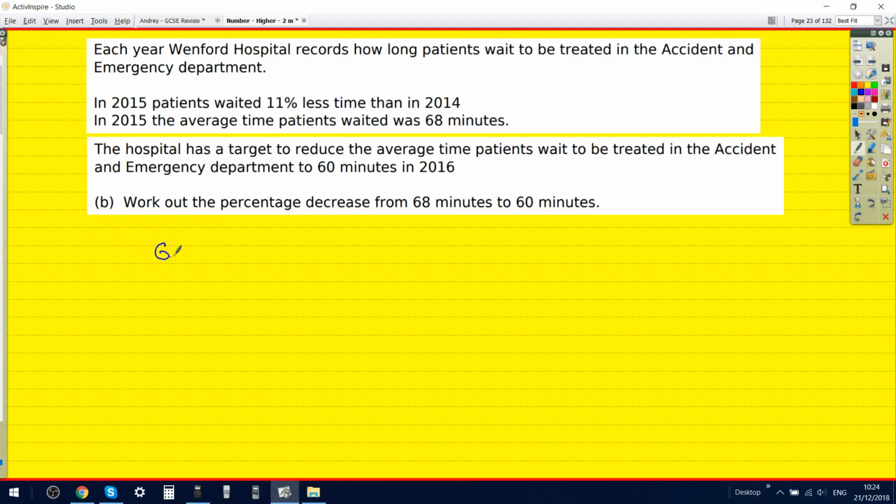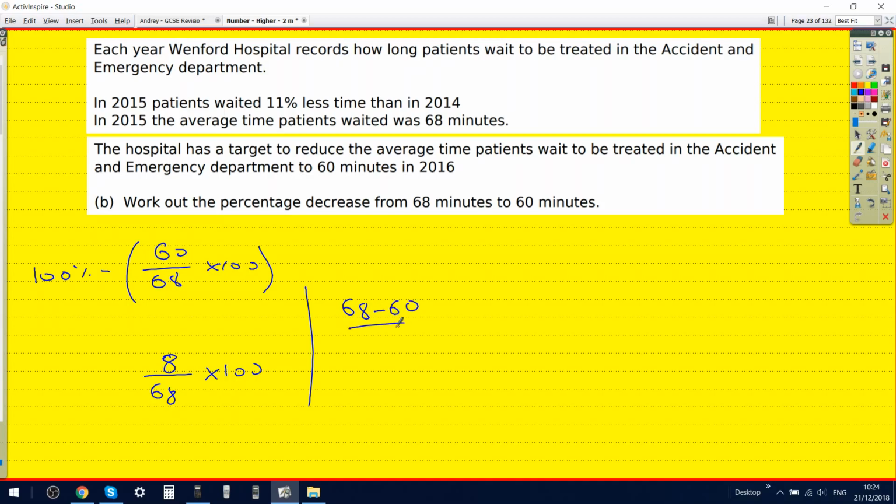Yeah. 68 times 100, and you could do 100%, take away that. Or a more direct way might be 8 over 68 times 100, which you get from the working out 68. So to give you the change, 68 minus 60 over 68 times 100.